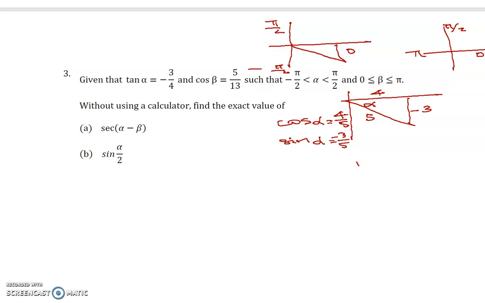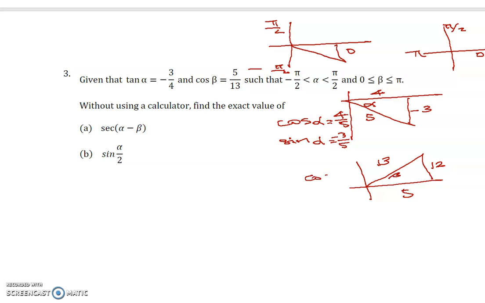So the correct quadrant is quadrant 1. It's given as 5 over 13, so the opposite side must be 12. All right, so you might want to finish filling everything in. This is beta.